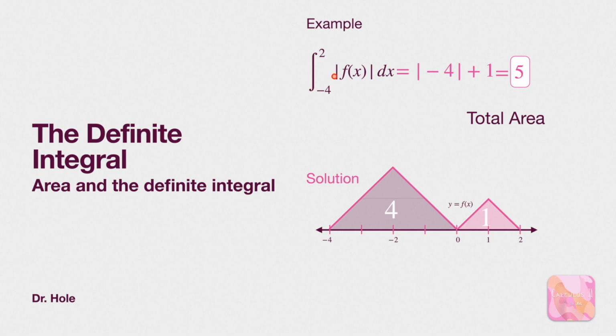So by placing absolutes on the integrand, evaluating the definite integral, the value that you produce is termed the total area. Very nice. So that's two different types of areas, net signed and total area.